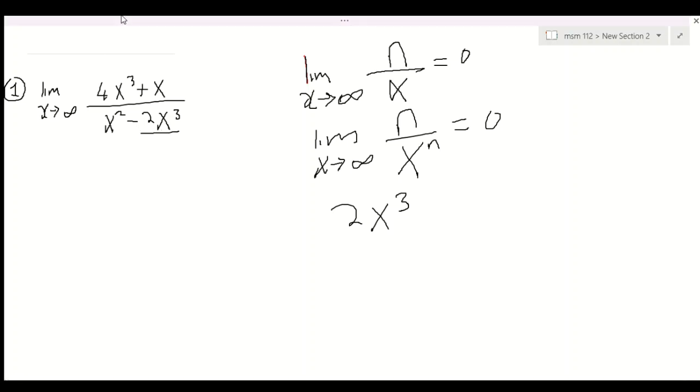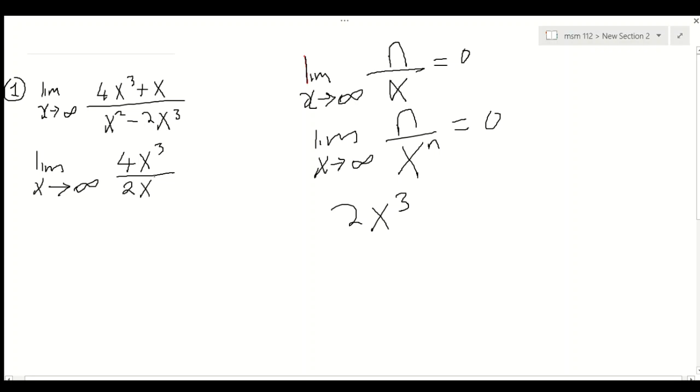Okay, let me redo. So this will be the limit as x approaches positive infinity of 4x to the power 3 over 2x to the power 3, plus x over 2x to the power 3.